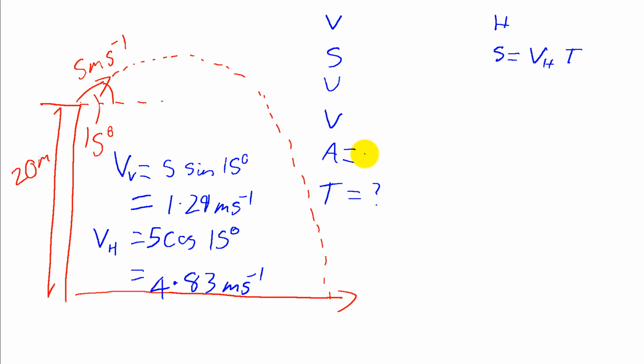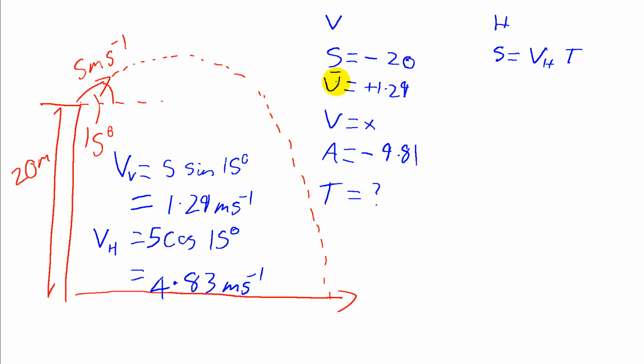Now vertically, we know our acceleration is downwards, and so that's minus 9.81. Our final velocity, we don't know, and we don't need to know its final time. Our initial velocity is upwards, so that's plus 1.29. And our displacement, we say we're going to finish 20 meters below where we started, so that's minus 20.